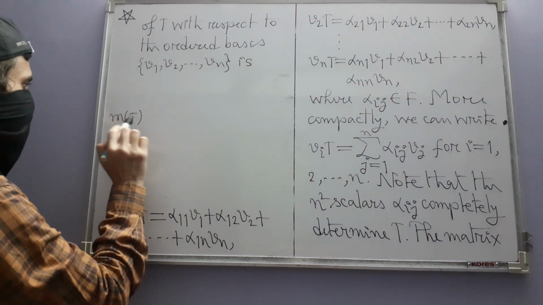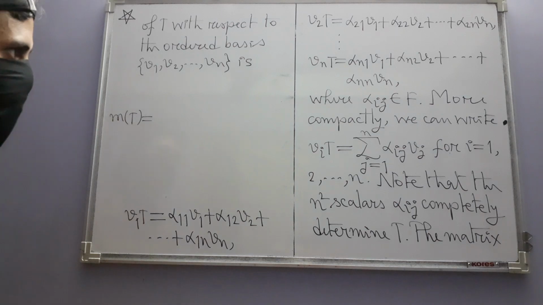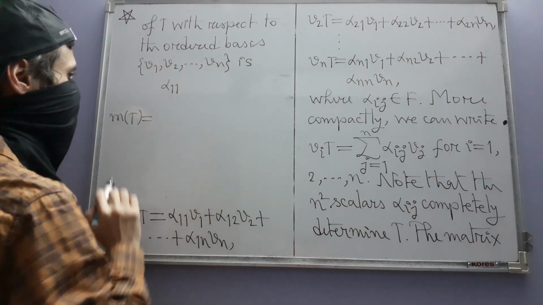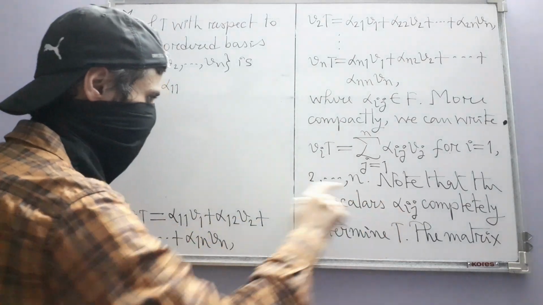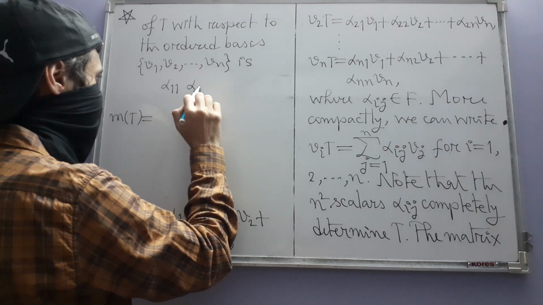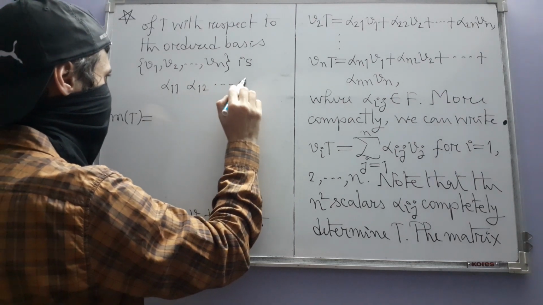We denote it by M of T, matrix of T, and it is the matrix whose entries are these scalars in this specific manner. That is, this is the matrix.